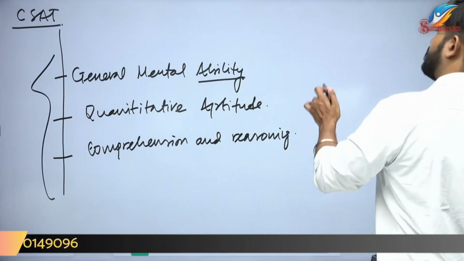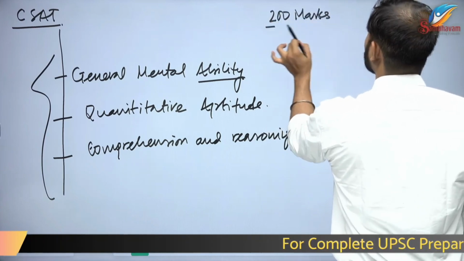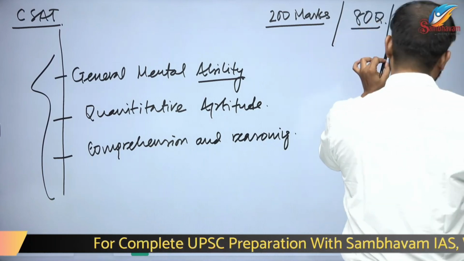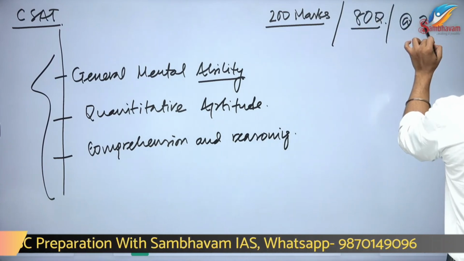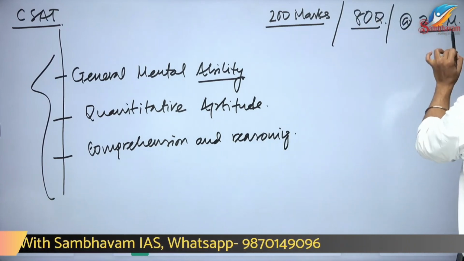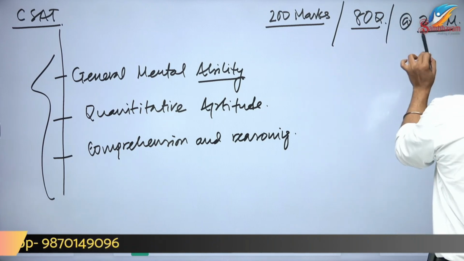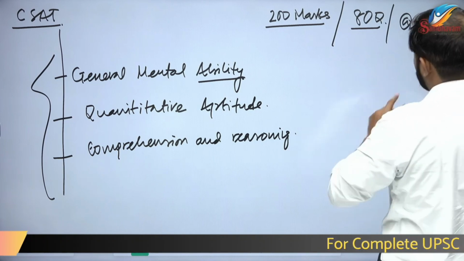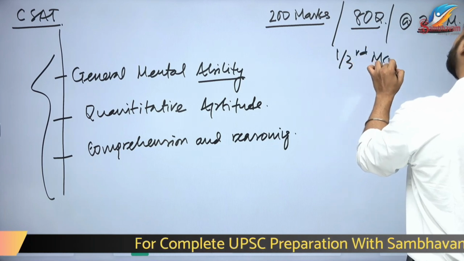For the CSAT paper, please remember, it is again going to be of 200 marks. And here, total of 80 questions you will have to solve. Each question is going to be of 2.5 marks. Also, for each question you get correct, you will be awarded 2.5 marks. For each question you answer incorrectly, you will be penalized 1/3 of the marks allotted.